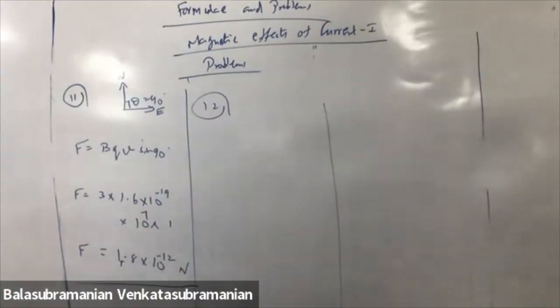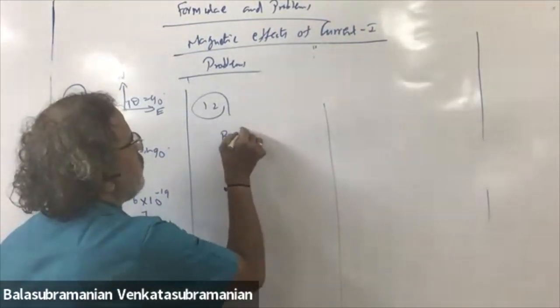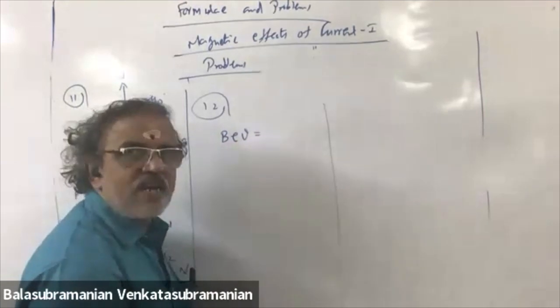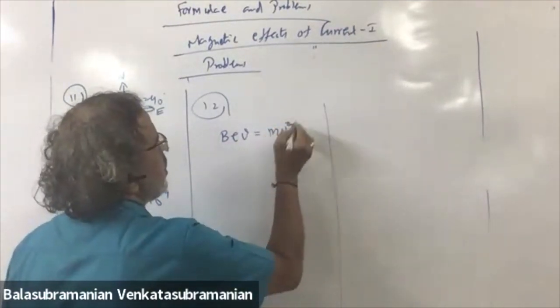Next, 12th problem. An electron entering a magnetic field of 10 power minus 2 Tesla with a velocity of 10 power 7 meter per second describes a circle of radius 6 into 10 power minus 3 meter. Calculate e by m. Circular path, so the magnetic force BeV provides the centripetal force, mv square by r.